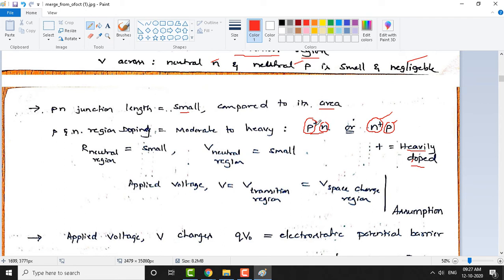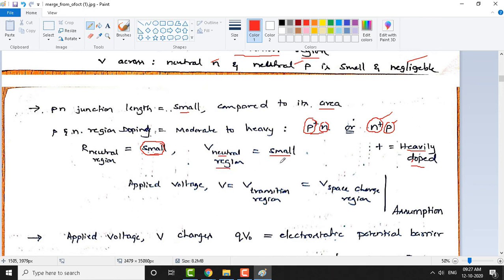When you look at resistance in the neutral region, it is going to be very small, because there are no free charge carriers in that region. So the neutral regions offer very small resistance for the current flow through the PN junction, and the voltage drop in the neutral region is also very, very small.